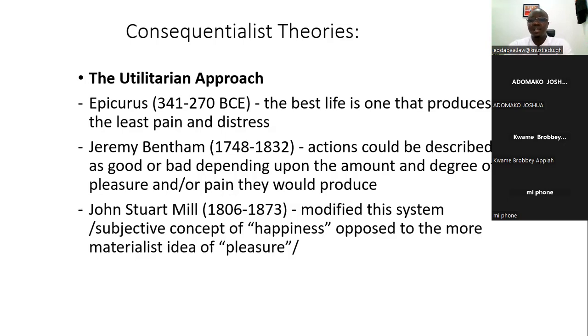Epicurus was a Greek philosopher, and he advances the viewpoint that the best life is one that produces the least pain and distress. And that is why we say that for utilitarianism, they talk about the greatest happiness or maximum happiness for the greatest number of people and so on.